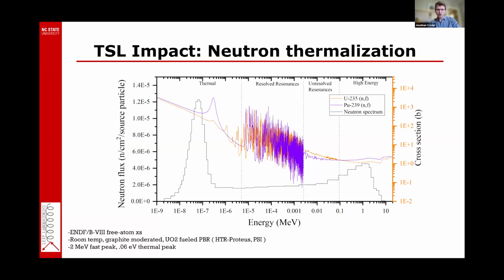And the reason I'm showing you this, overlaid within the context of ENDF free atom cross sections, is that you can see the low-lying thermal energy peak, which is around 0.06 eV, is in pretty close proximity to low-lying resonances.